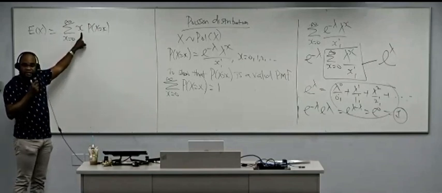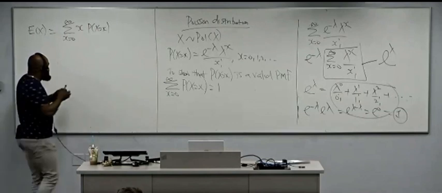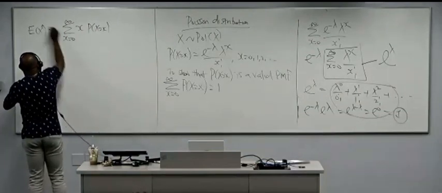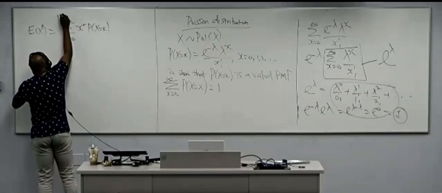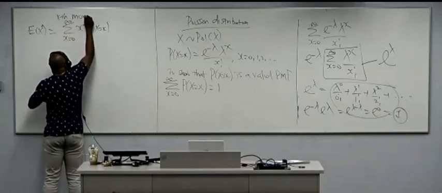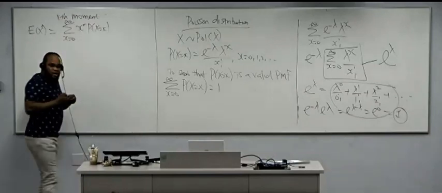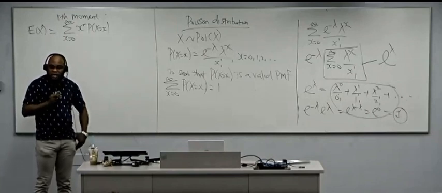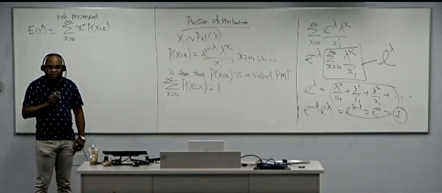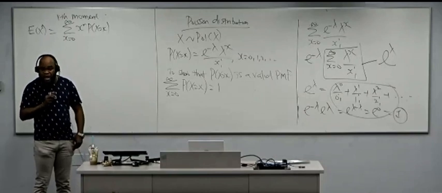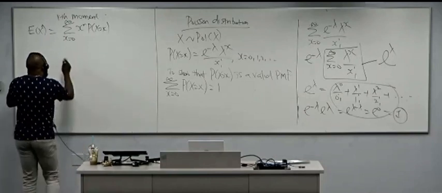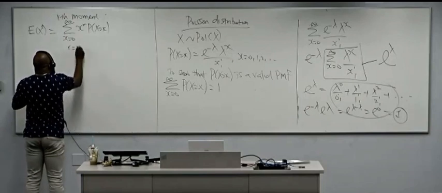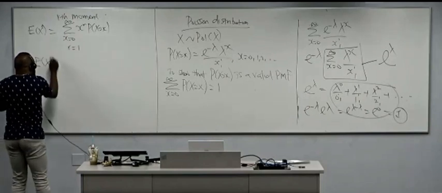In fact, we have a general formula. We call this the r-th moment. When r equals 1, that's going to be the mean. The first moment is when r equals 1.